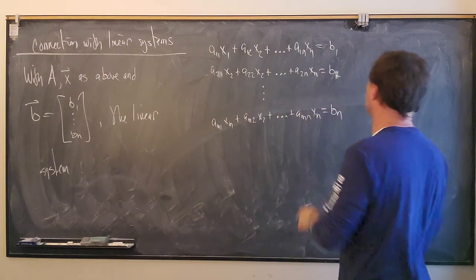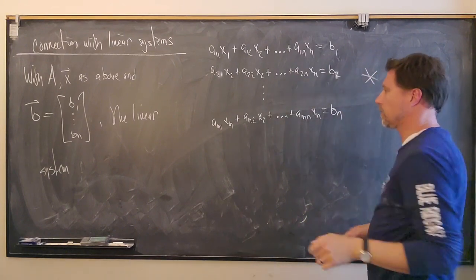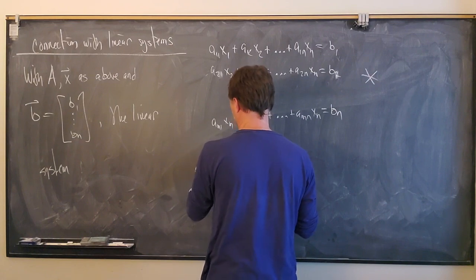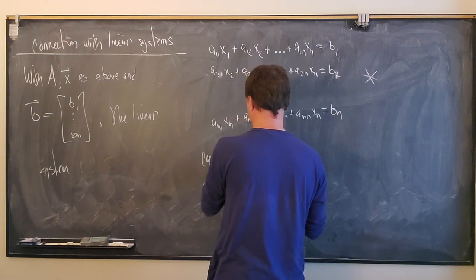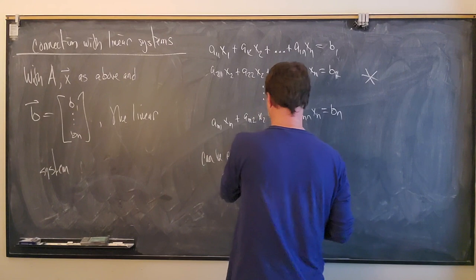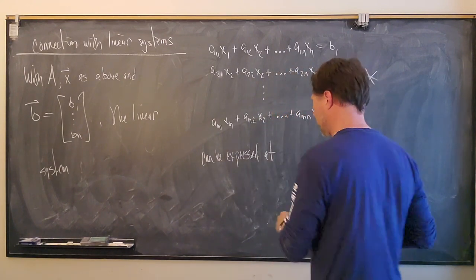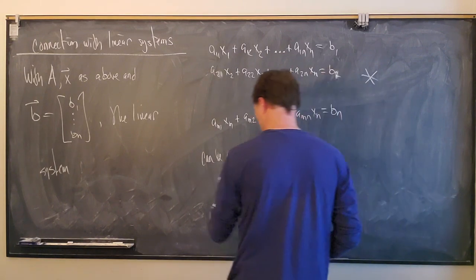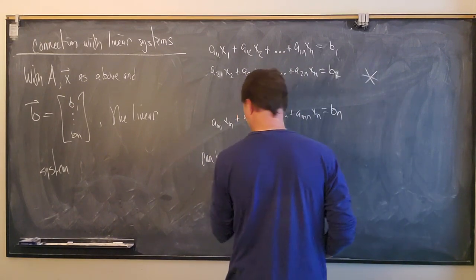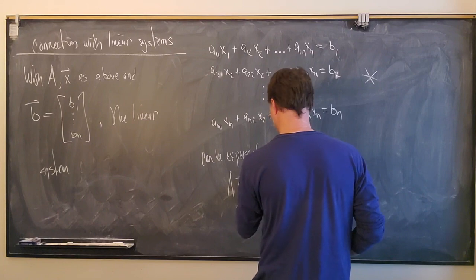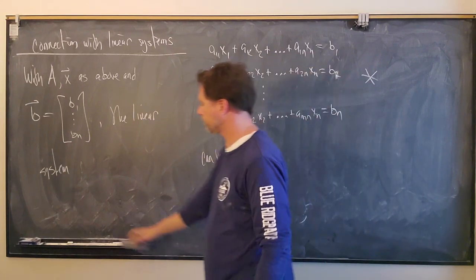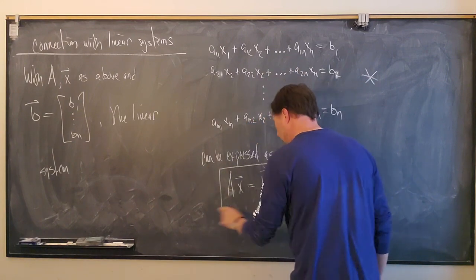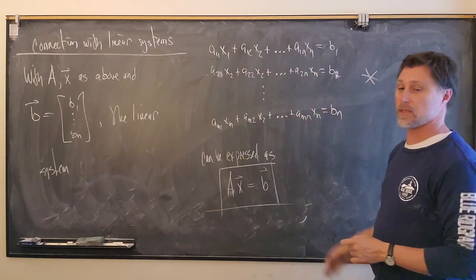Right, so here's our system that I usually label as star. This can be expressed as A times x equals b. So it gives us a nice compact way to write our linear system.